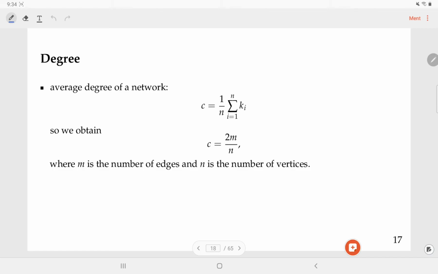But what is nice from here is that we can obtain also very easily the average degree of a network. Maybe we can denote it as average degree. This is a stupid notation, but let it be like that. What it does is it takes the whole graph G and assigns a real number to it.